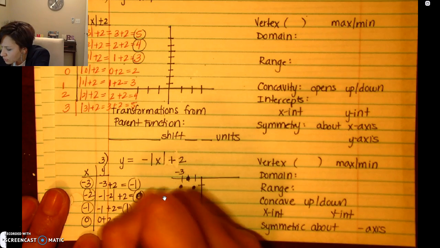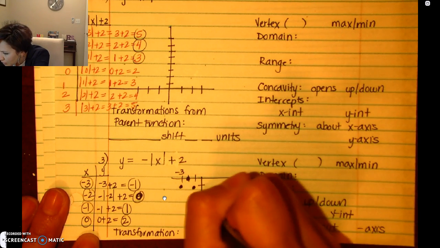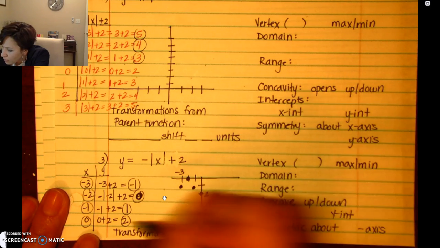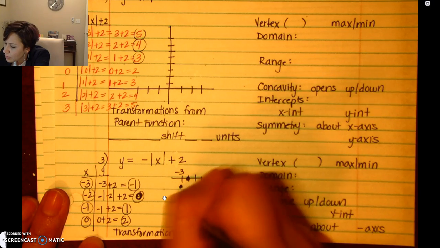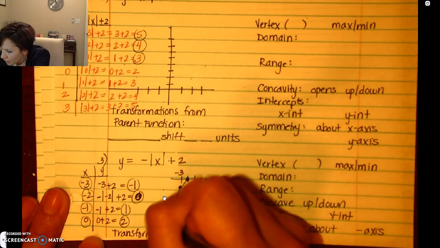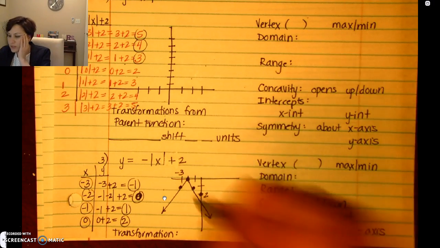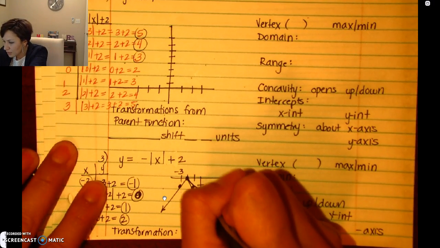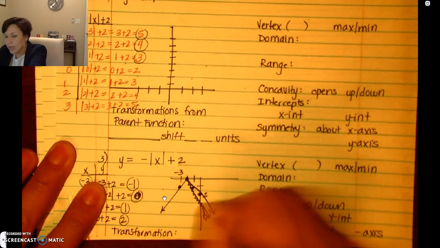Next one is 0, 2, next ordered pair. Okay, and I think we probably should have picked another number over here. But you already get the hang of this, and you know that it's going to go forever in both directions. Okay, I should have gone through here. So bad. Bad function. This is why you shouldn't be using pen.